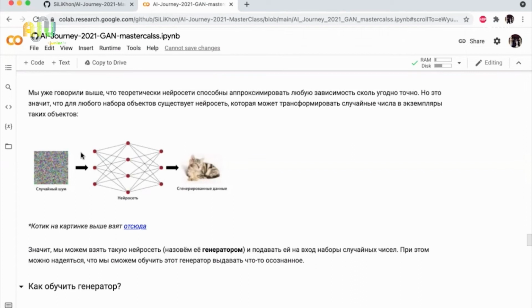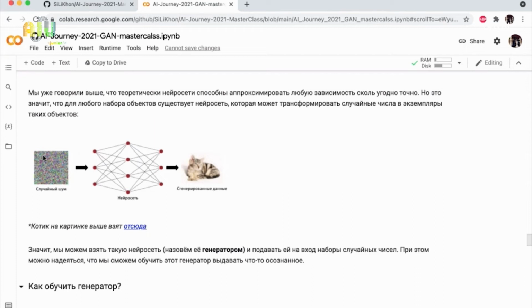It means that we can imagine this correlation. It's a set of random numbers. It can correlate them into an image of a cat or an image of a human face or something. That means that there is some function that is finding this correlation, and a neural network with certain parameters will implement this function.